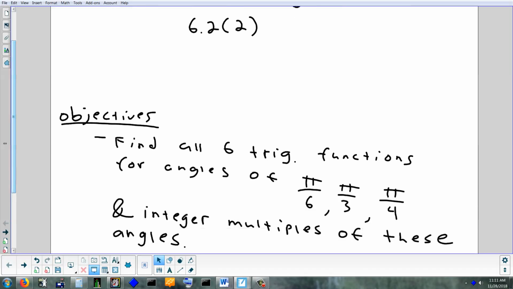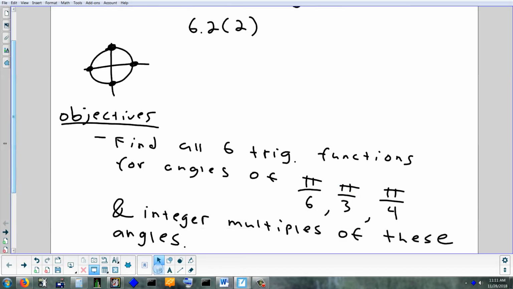So now what I want to be able to do is, instead of just finding the 6 trig functions of 0, 90, 180, and 270, which we already know how to do, I want to be able to find the trig functions for angles that are 30, 60, and 45, or in radians, pi over 6, pi over 3, pi over 4.